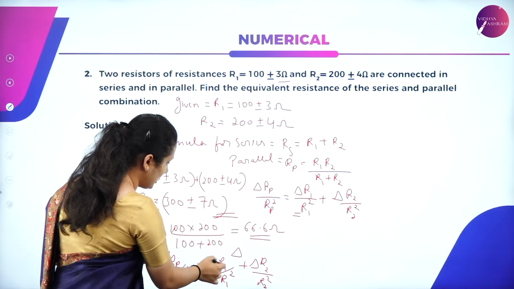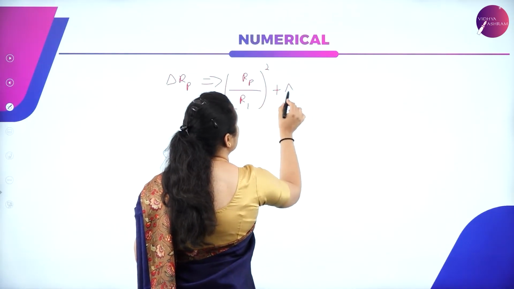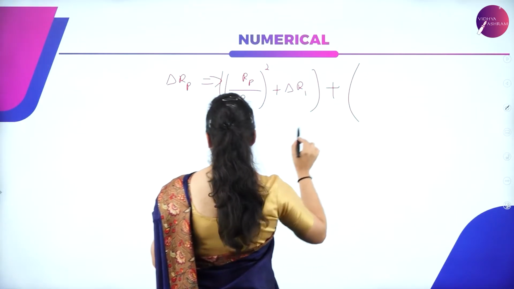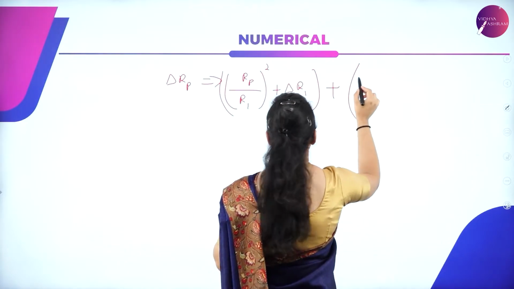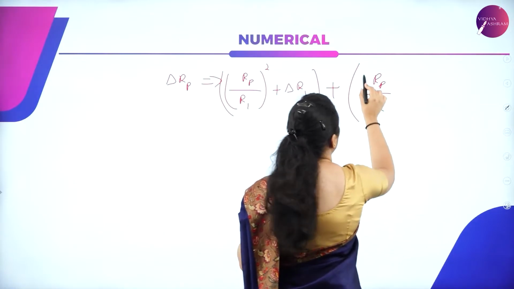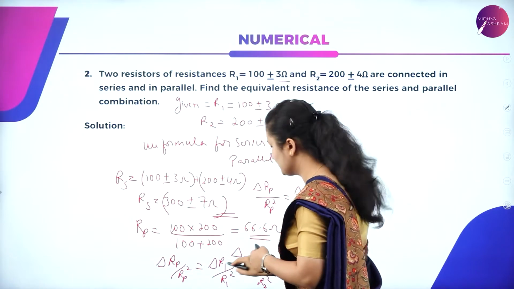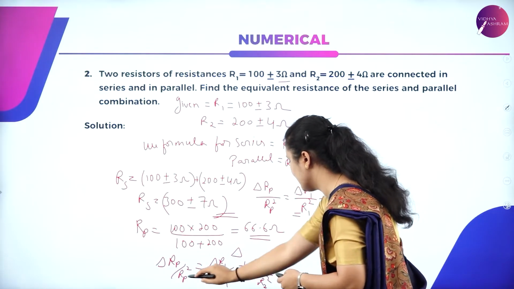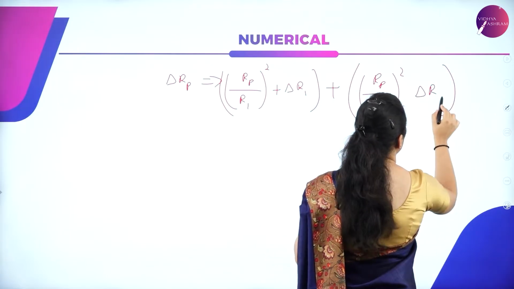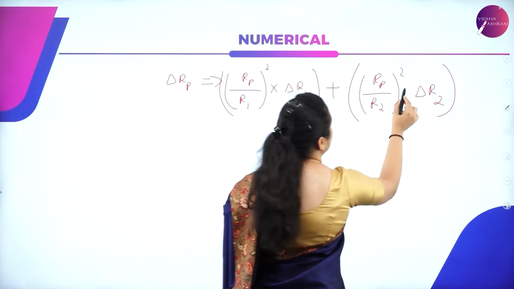Rp is going that side, so plus delta R1 plus, similarly you have one more term R2. So it will be Rp by R2 whole square. Whole square is why? Because you are bringing Rp to this RHS. You have square on both the sides. So it will be whole square into multiplication symbol again. So multiplied.